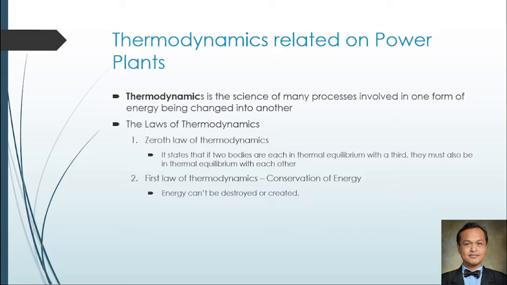That's because another form of energy was also created, the thermal energy, the electrical energy, and other forms of energy. But you simply cannot create nor destroy energy. It will be converted to another form of energy.